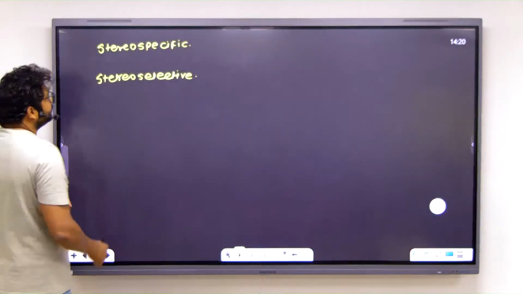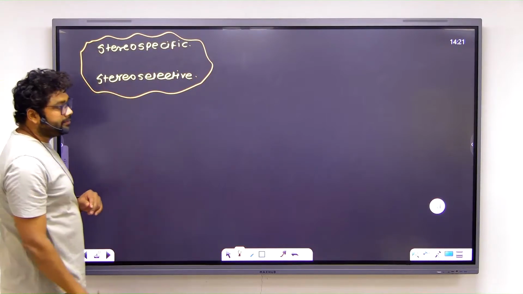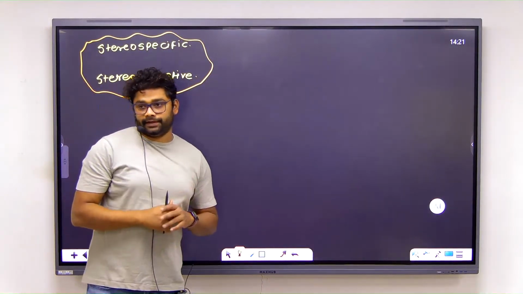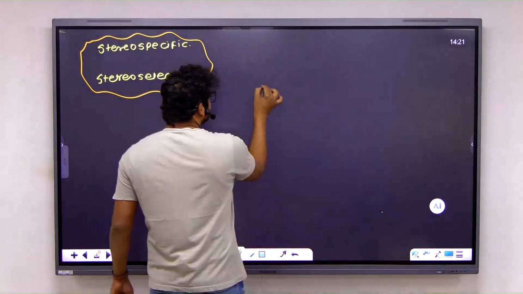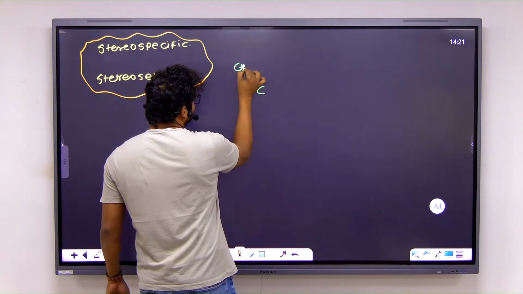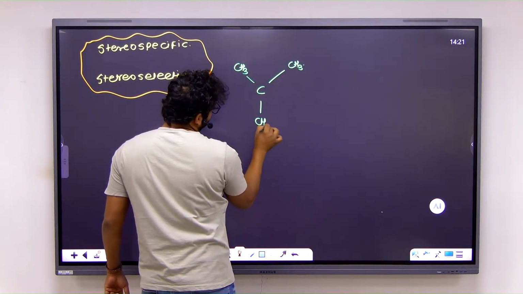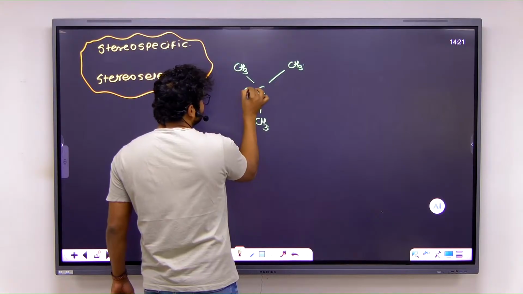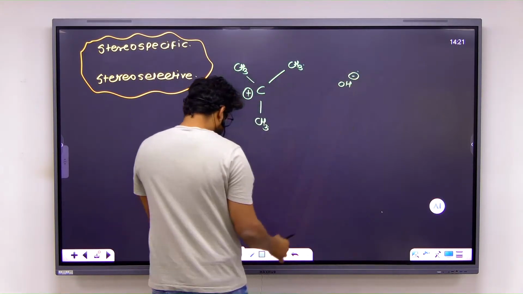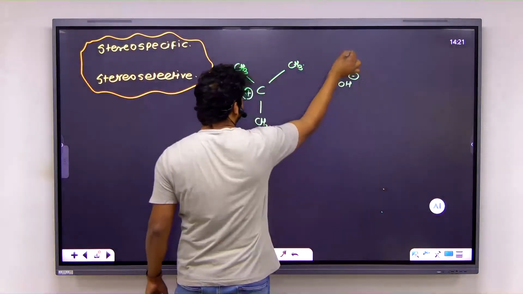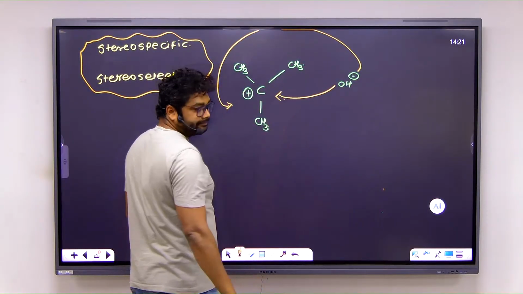Along with that, you have seen the attack of nucleophile. You observed here the carbocation at the intermediate step, the slowest step, has an attack of OH minus from both sides, from back side as well as from front side.